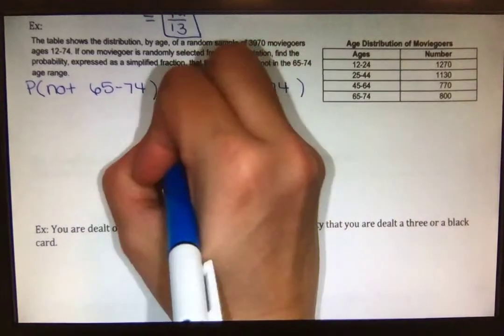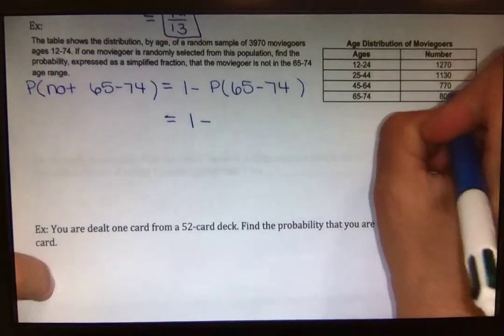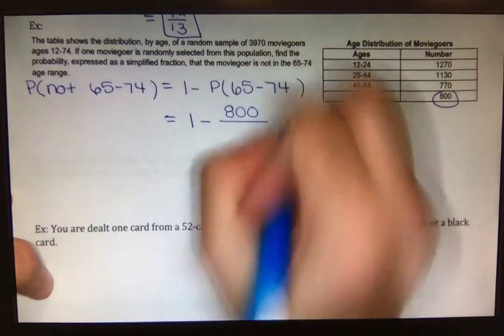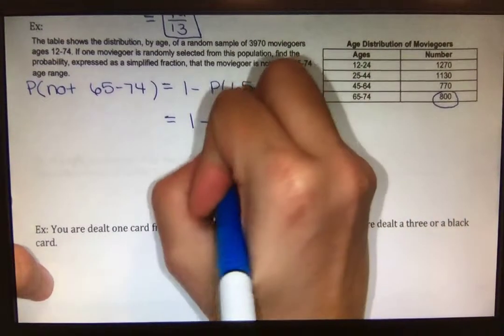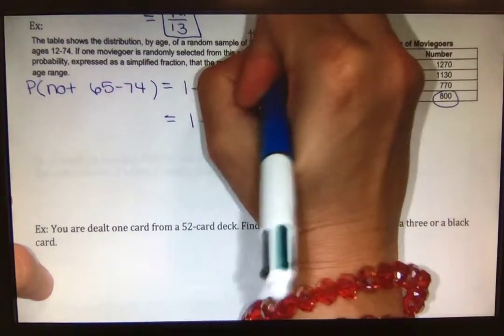So again, we have 1 minus. How many were 65 to 74? 800. So 800 out of how many total were sampled? Perfect, 3,970. This is our total.